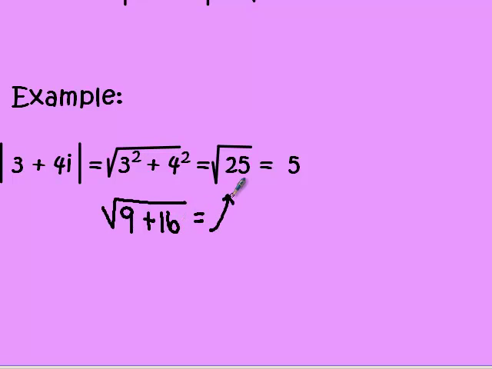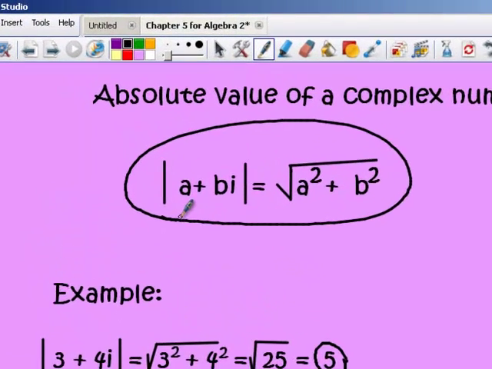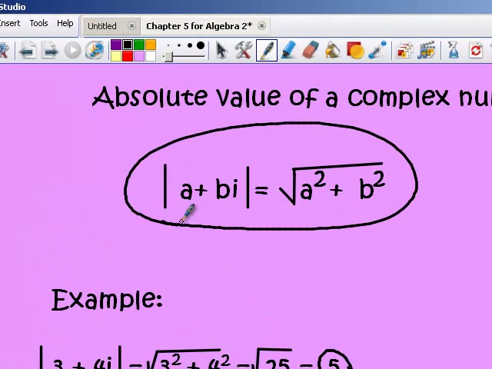It's the square root of 25, which will simplify to 5. And there's the answer. So, again, absolute value, always follow this rule right here. And this will be on your test. So please write this in your notes and include the examples so that you see one done. This is fairly easy. You'll have some practice ones in your book to work with.